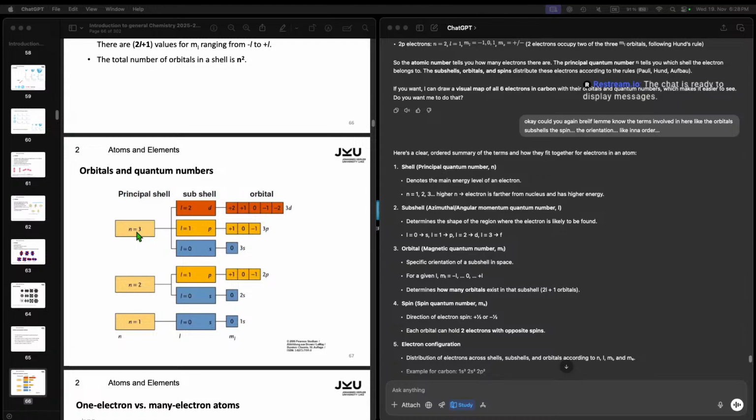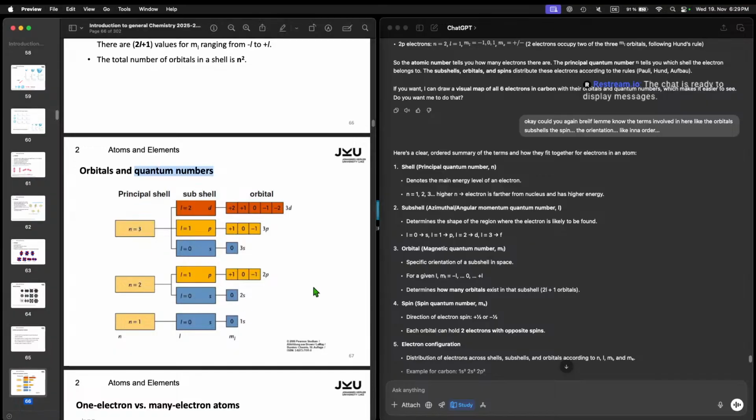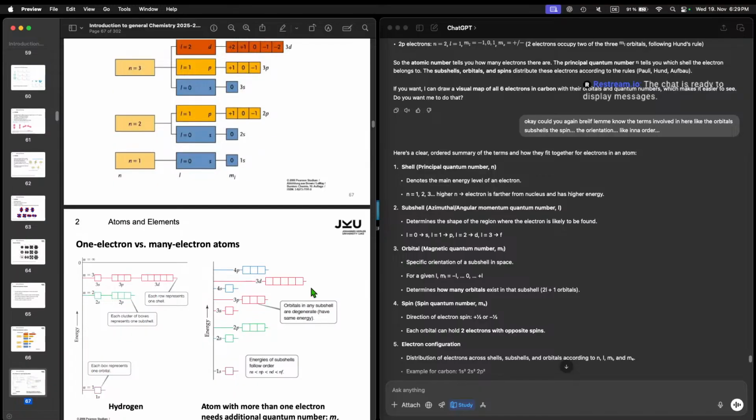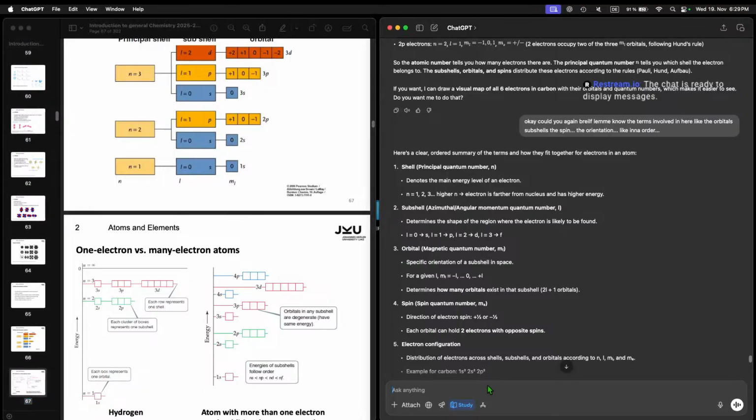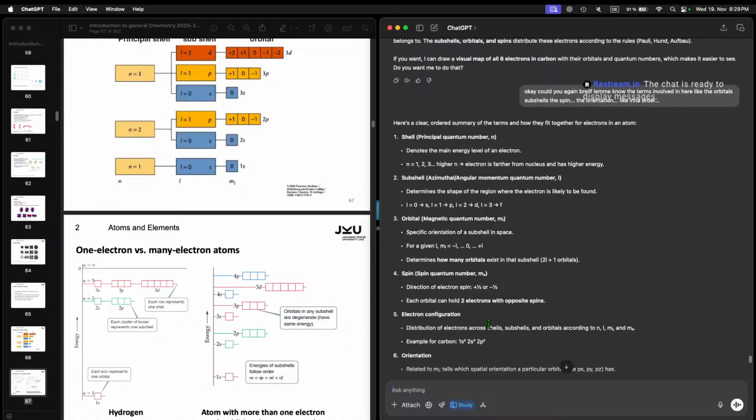So n equals 3. Shell quantum number denotes the main energy level of an atom.